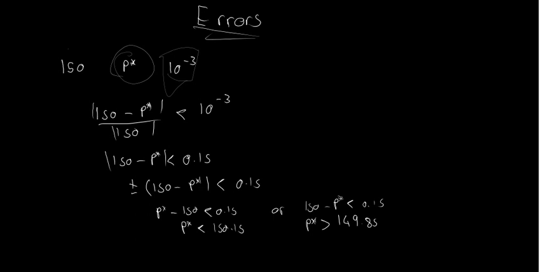So the range of values is between this one and this one. So at the end we have 149.85 comma 150.15. This is the possible range of values, and that's how we go about most questions that ask you to approximate p* to that accuracy.